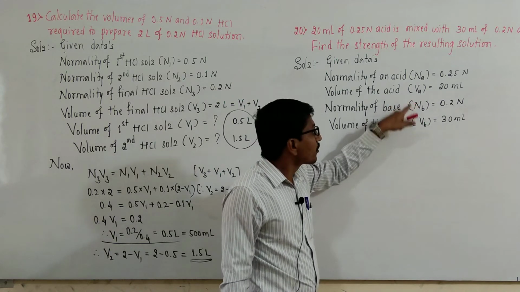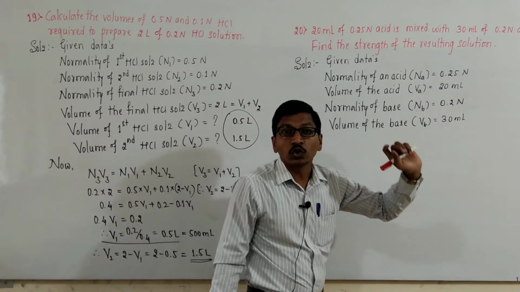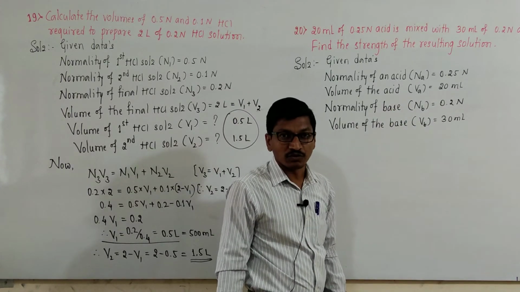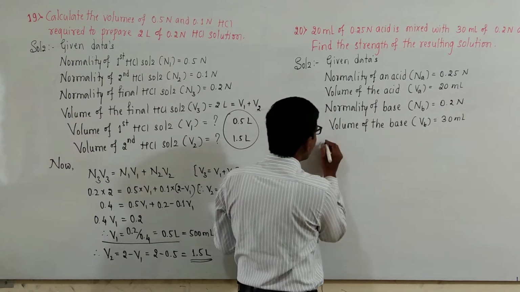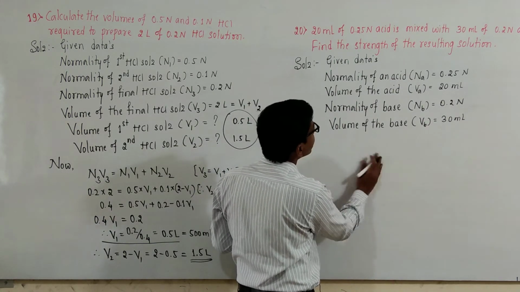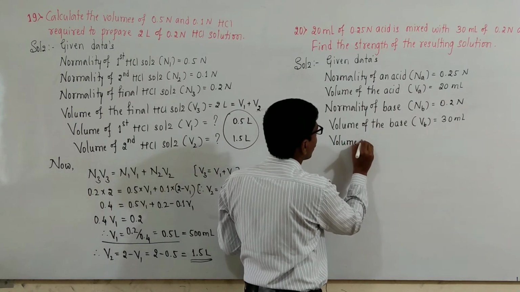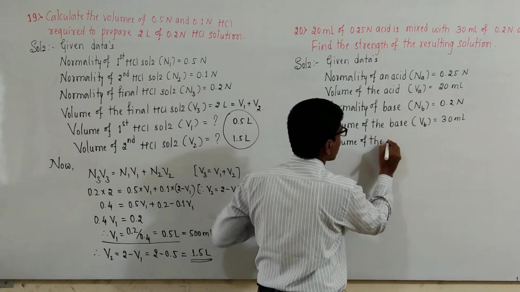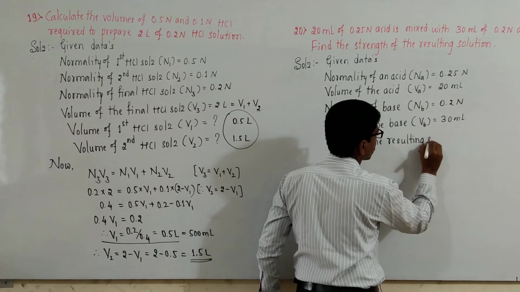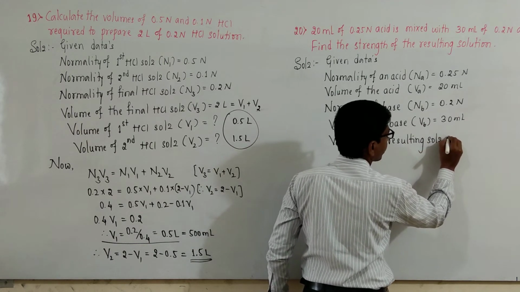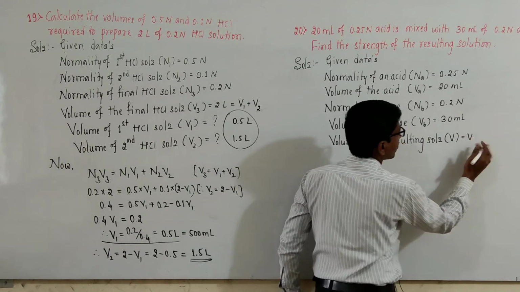If the product NaVa is equal to NbVb, then the solution is neutral in nature. These are the three conditions we know. And from the relation, the volume of the resulting solution V is equal to V1 or Va plus Vb.